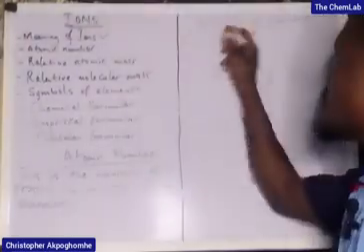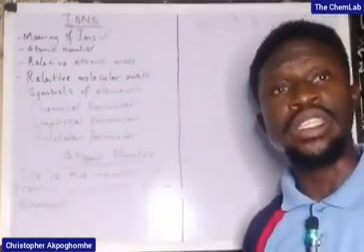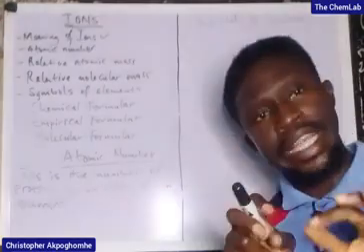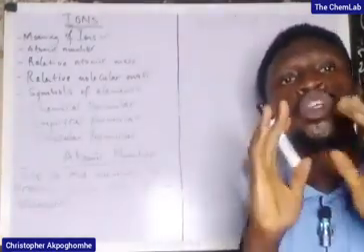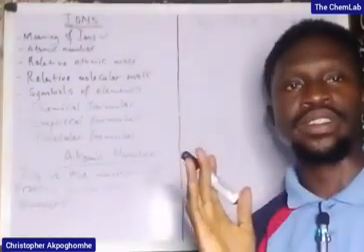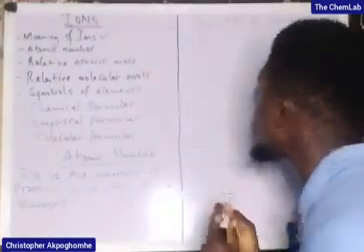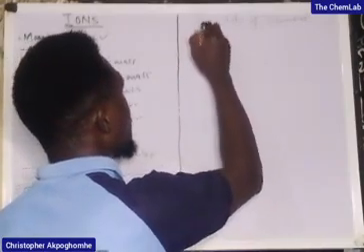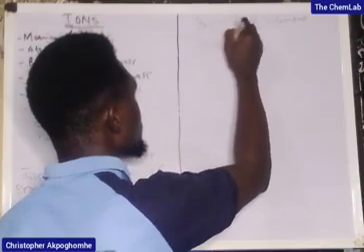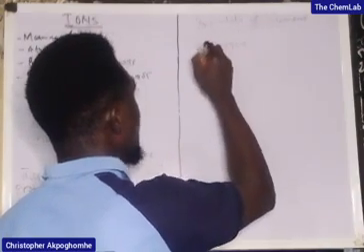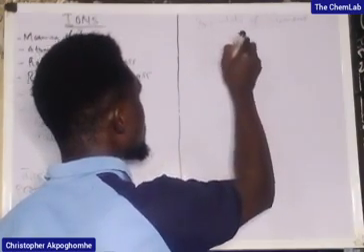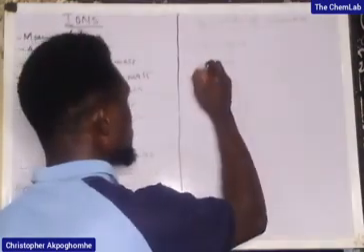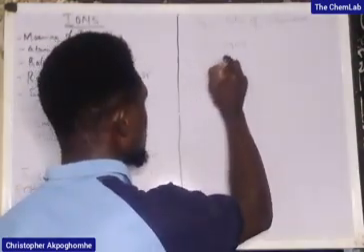Now, when we say symbols, what we simply mean is using the letter from the name of the element to represent the element. Now, let's look at some of these elements. We have hydrogen, helium, lithium. We look at the first 20.